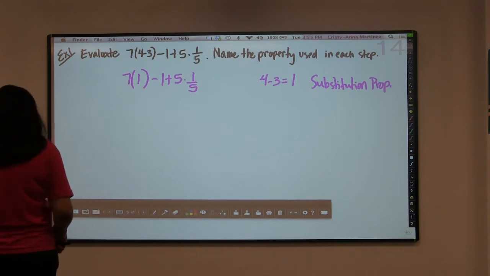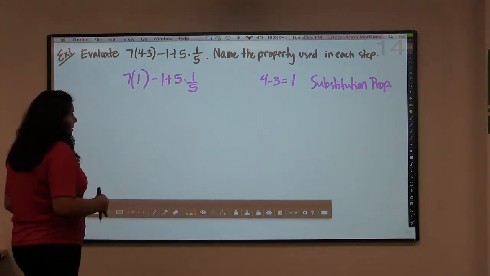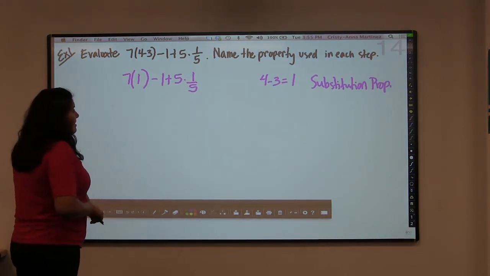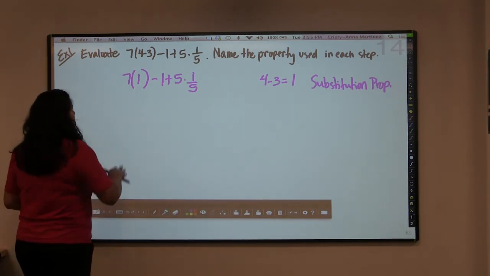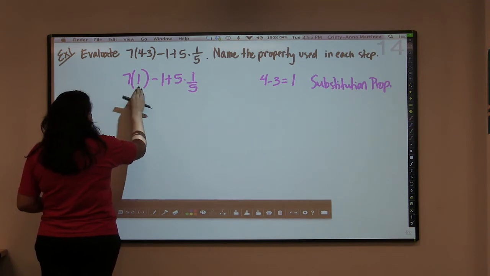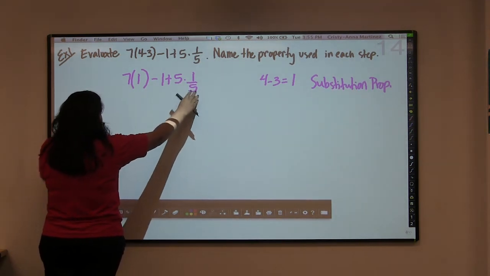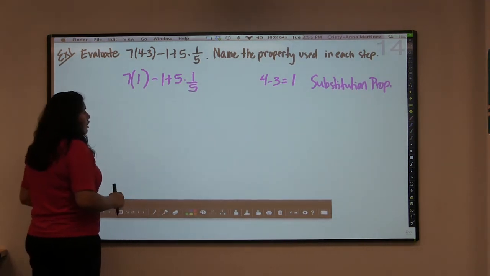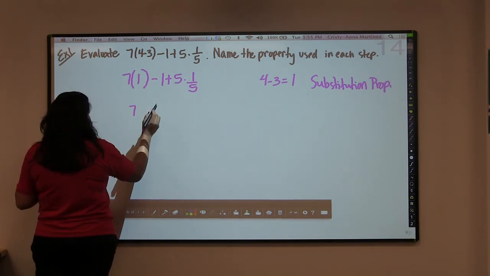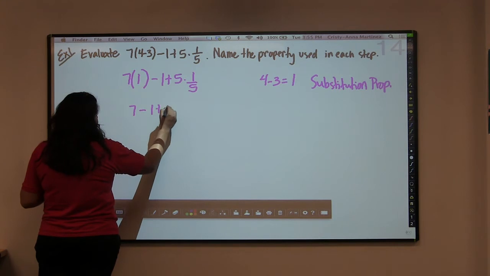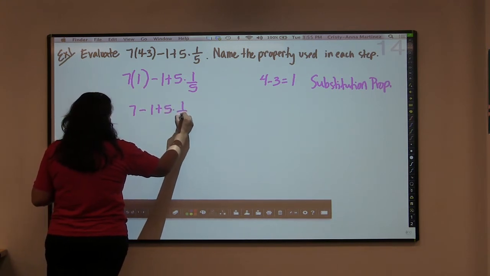Our next thing to do is any exponents, but there aren't any exponents. So then the next thing would be multiplication or division from left to right. We're going to start over here, 7 times 1, and we have 5 times 1/5. Those are both multiplication, but we want to go from left to right. So we're going to go 7 times 1 first, and we're going to get 7 minus 1 plus 5 times 1/5.